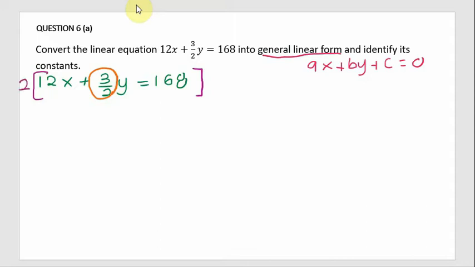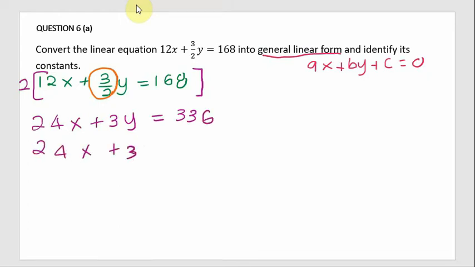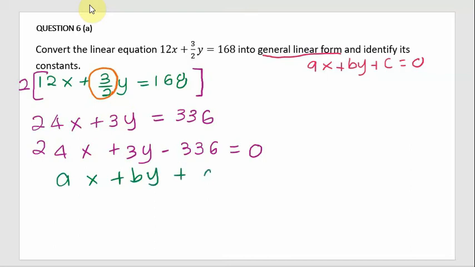So we have here 24x plus 3y equals 336. Then we have 24x plus 3y minus 336 equals 0.